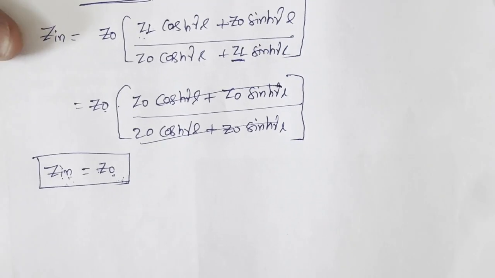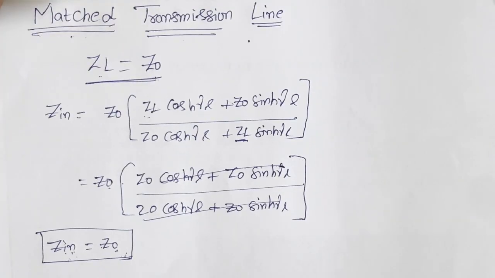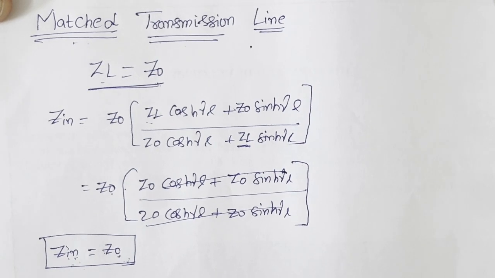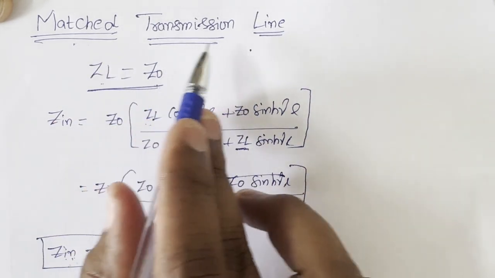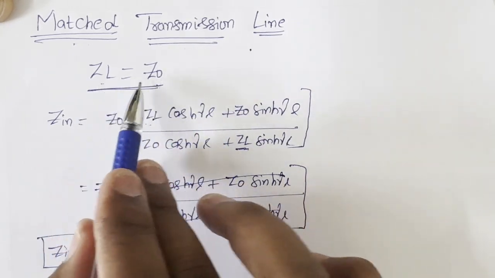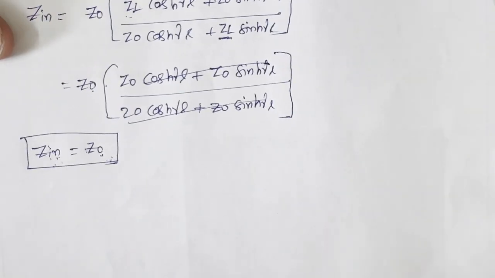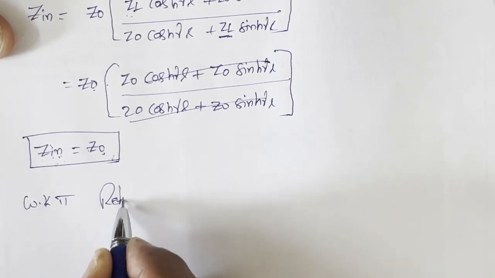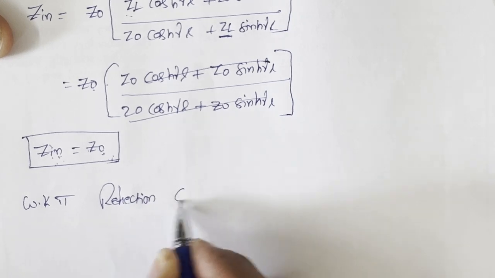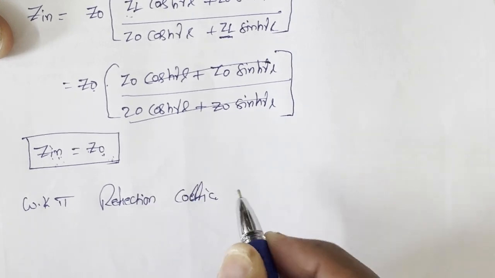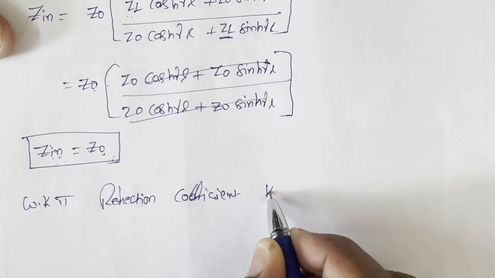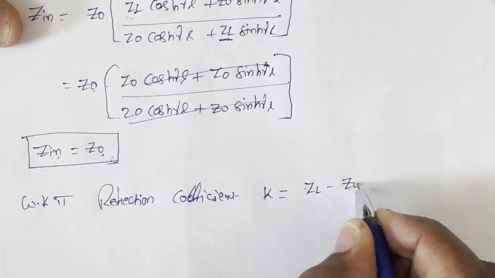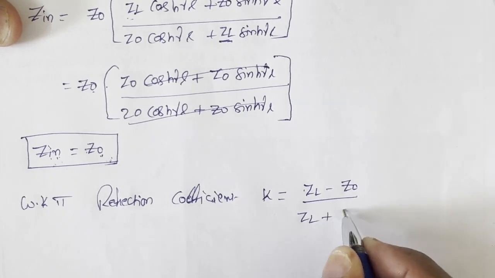Now, in the same way, we will observe the reflection coefficient K and standing wave ratio S for a matched transmission line by following the same condition. Here we know that the reflection coefficient K is equal to, the general formula, ZL minus Z0 by ZL plus Z0.